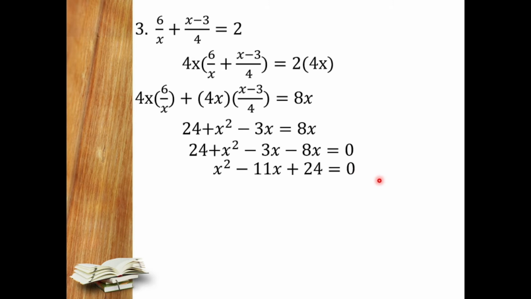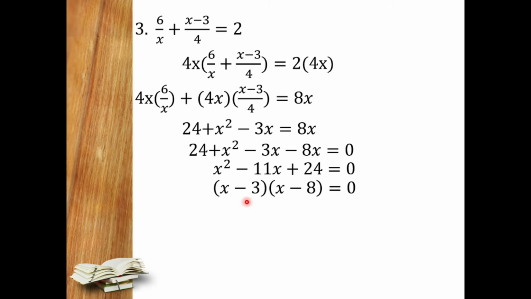So, pwede na tayong gumamit ng kahit anong method na gusto nyong gamitin. So, in this case, pwede tayong mag-factoring since mas shorter yung solution compared dun sa favorite nyong gamitin na quadratic formula. Okay? So, what are the factors of x squared minus 11x plus 24? Okay, so therefore, we have x minus 3 times x minus 8.